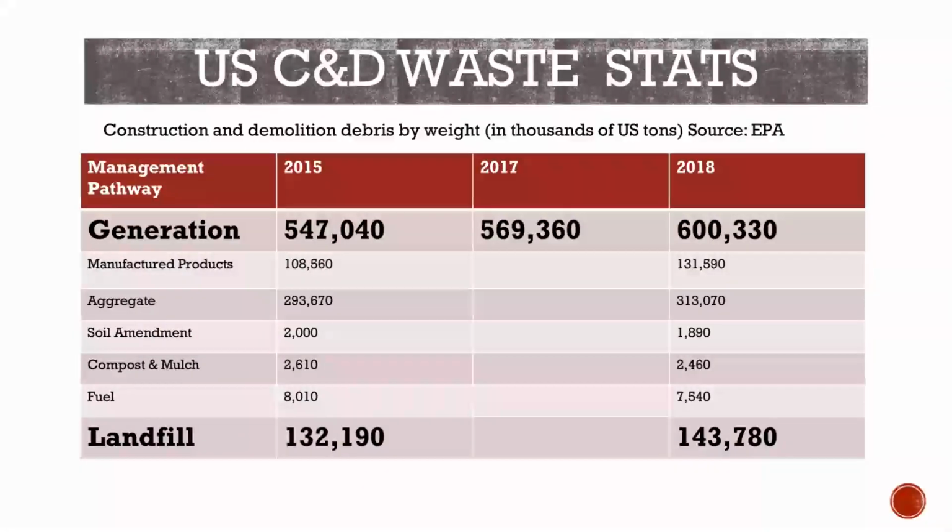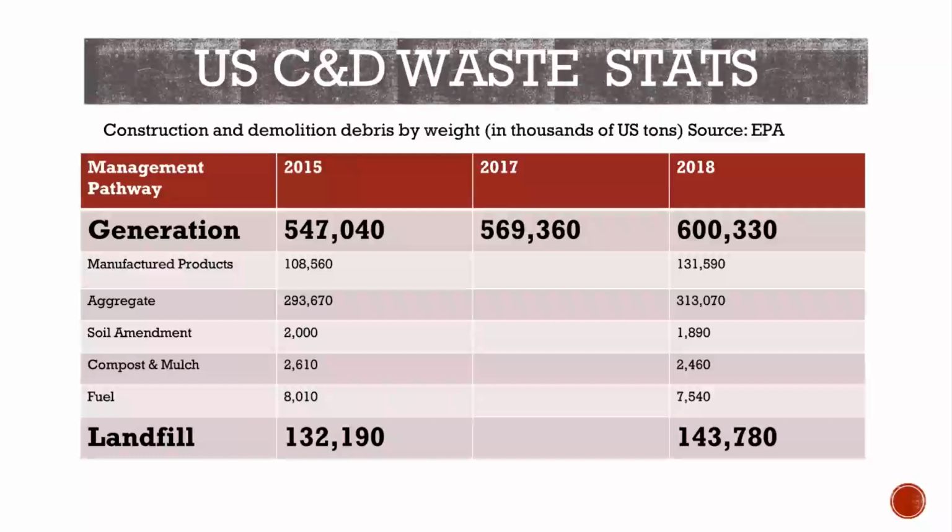Construction Junction and organizations like it were really launched to address the issues of C&D waste. And I think it's important because we always throw around some really big numbers. It's really important to understand that the total amount of C&D waste generated, these are EPA numbers from 2018, the last column, is about 600 million tons.